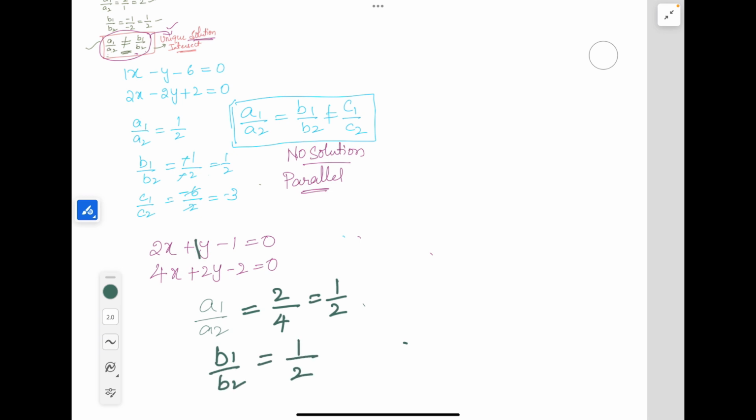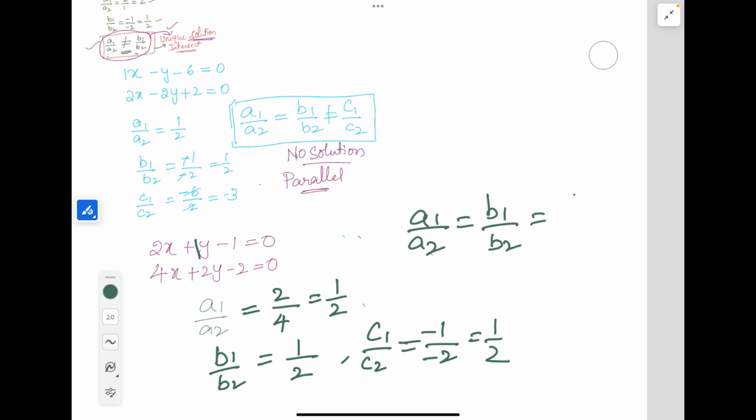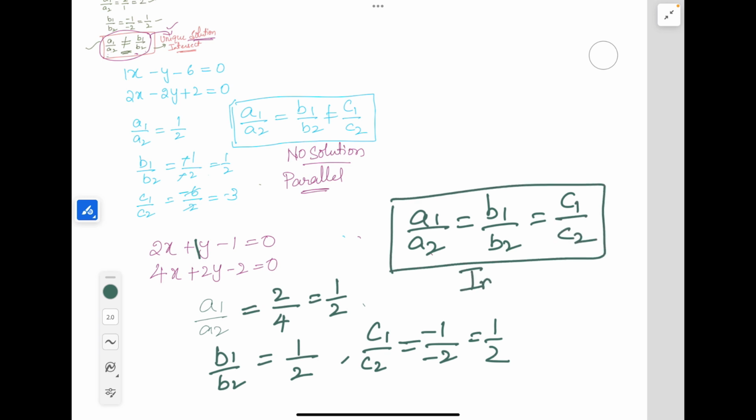Here the coefficient is 1, right? c1 by c2 is minus 1 by minus 2, which is again 1 by 2. That means, children, if a1 by a2 is equal to b1 by b2 is equal to c1 by c2, then the pair of linear equations will have infinitely many solutions. Yes, we have seen graphically, right? The lines will coincide one on the other.